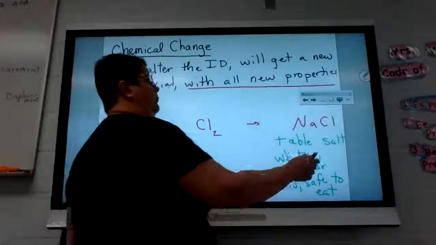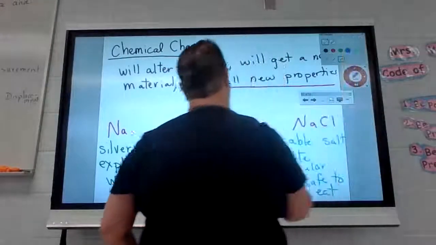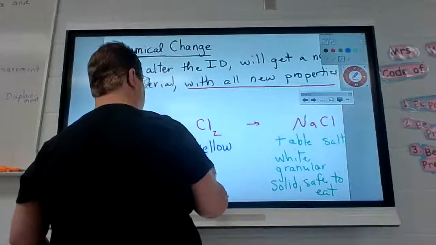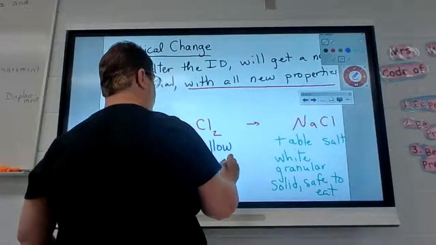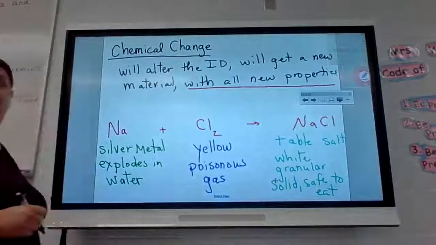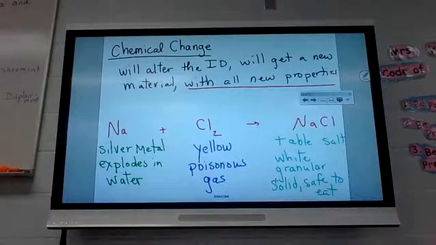Chlorine is a yellow, poisonous gas. Just a little bit, not a lot, but a little bit would kill us all.